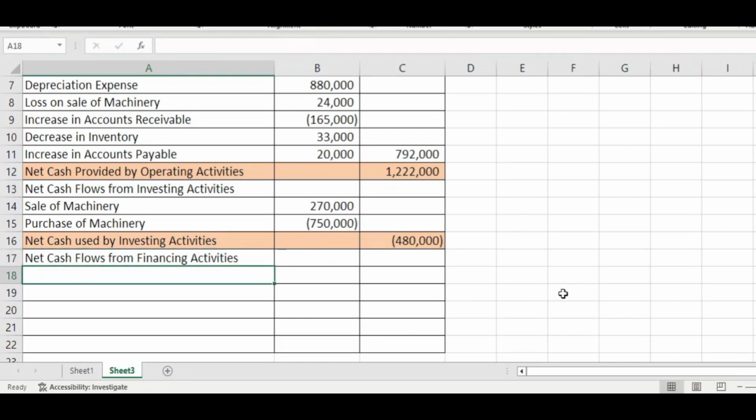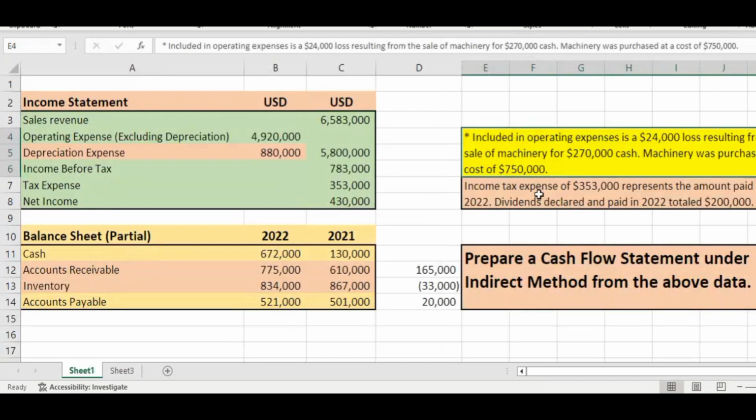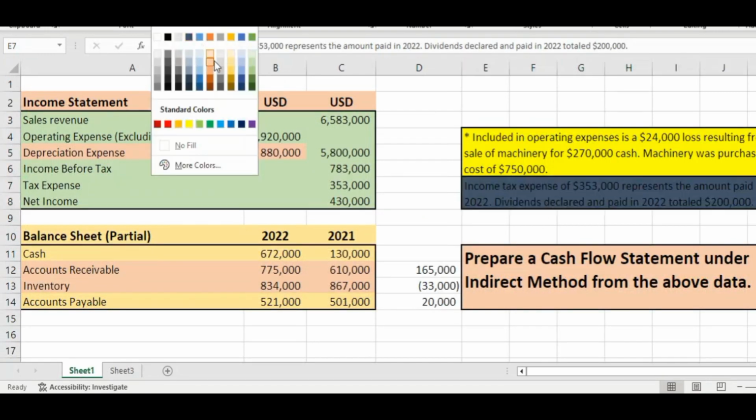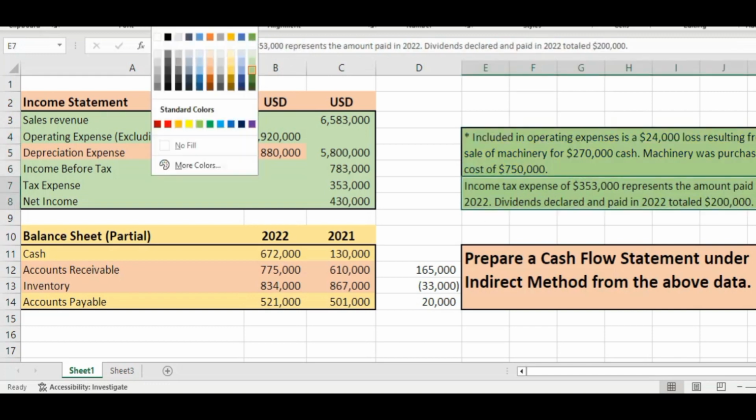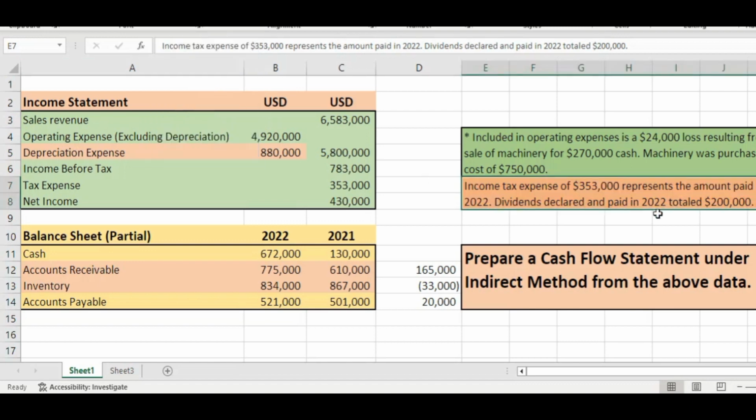If we see the problem, it is payment of cash dividend, the amount of 200,000.